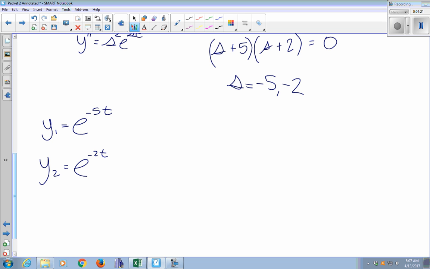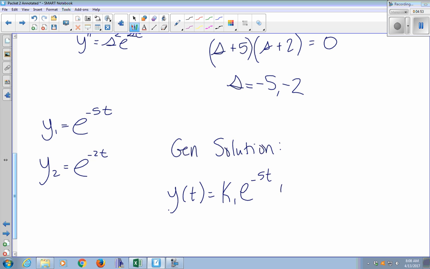But now from the work we've done in chapter 3, when you have two particular solutions, you can use them to create the general solution by taking a linear combination. So y(t) = k1 e^(-5t) + k2 e^(-2t).